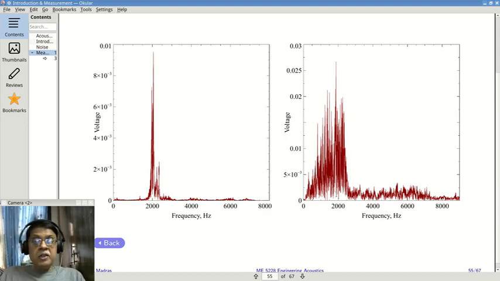They do have energy content over a large range, from low frequencies, with a range from about 500 to 3000 hertz, and then it drops off after that. So that's the content for clapping versus whistling.